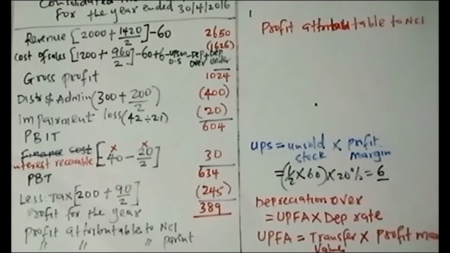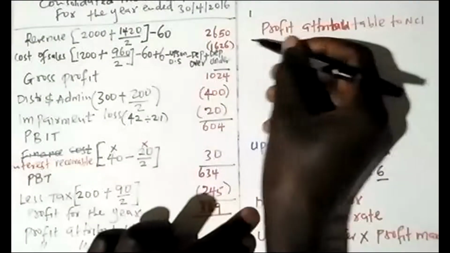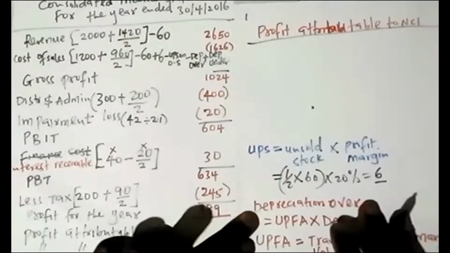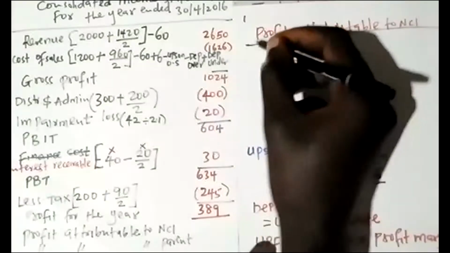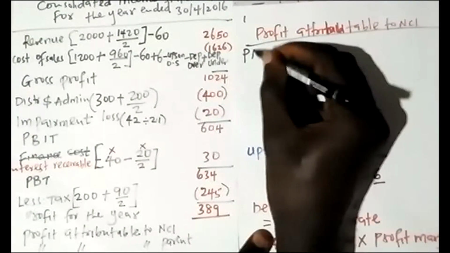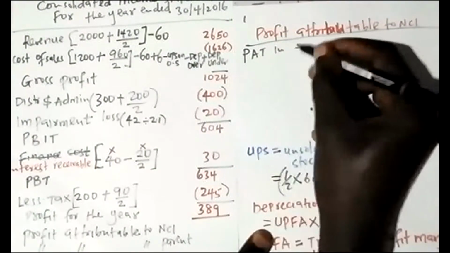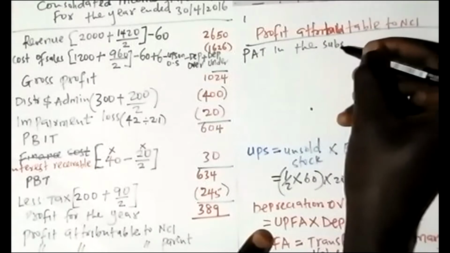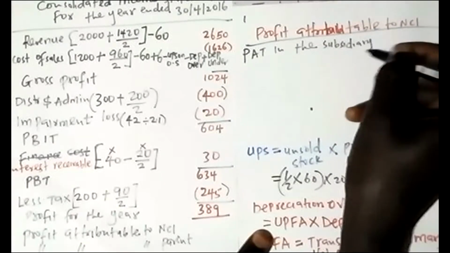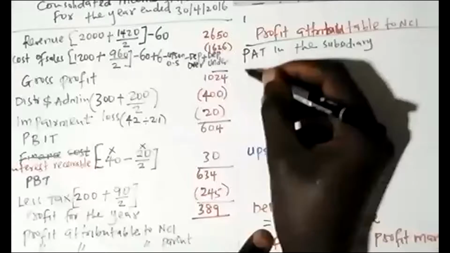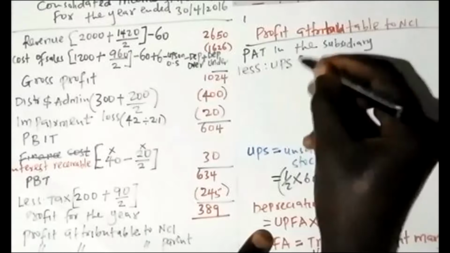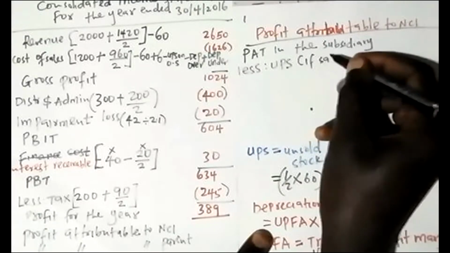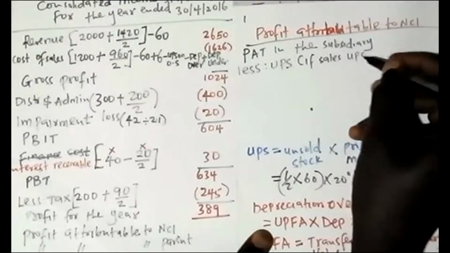The profit attributable to the non-controlling interest is very simple. You have to adjust the profit of that subsidiary. So I will start with profit after tax in the subsidiary. Then I would adjust by subtracting unrealized profit on stock, UPS, but if sales were upstream, I will explain why.